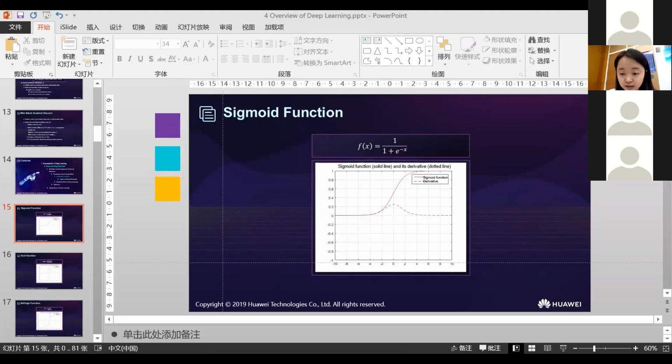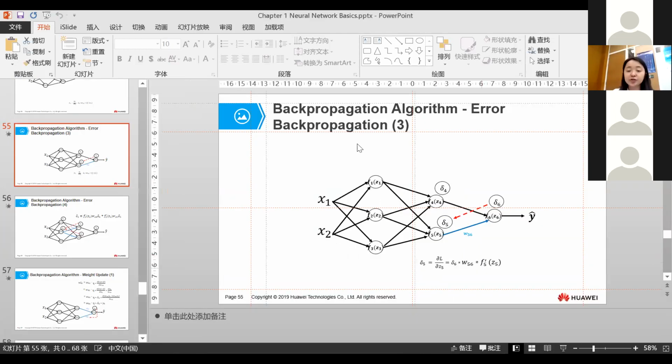So let's have a look at the equation here. When we backpropagate the error, we would use the derivative of the activation function. So if the derivative of this activation function is very close to 0, that means this error term will be very close to 0.